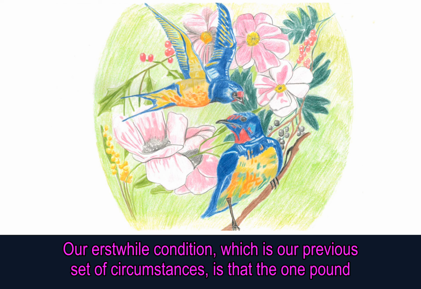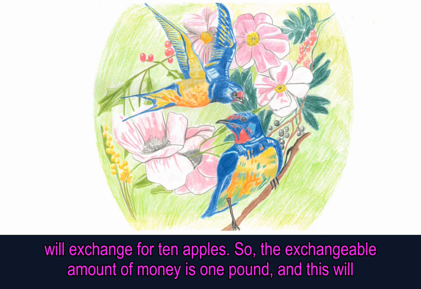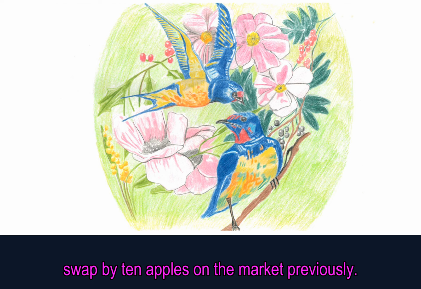Our erstwhile condition, which is our previous set of circumstances, is that the £1 will exchange for 10 apples. So the exchangeable amount of money is £1, and this will swap for 10 apples on the market previously.